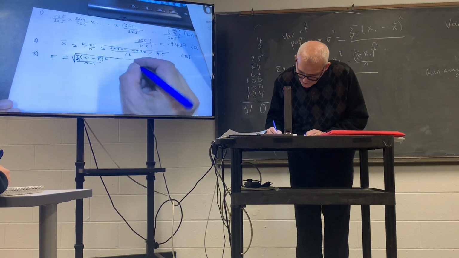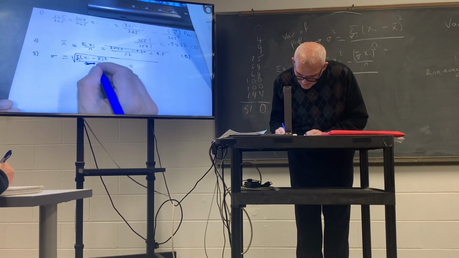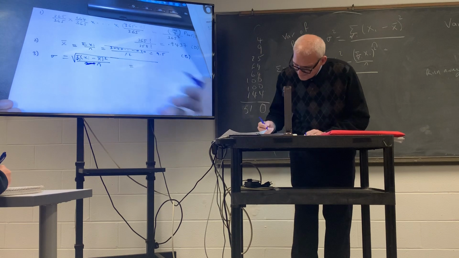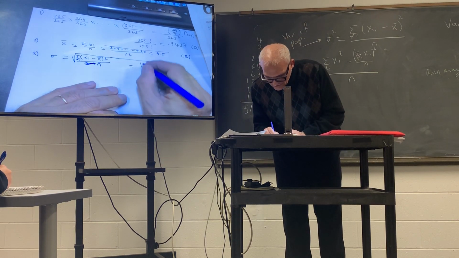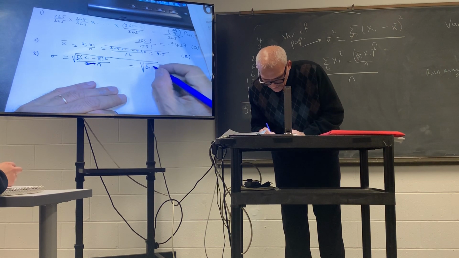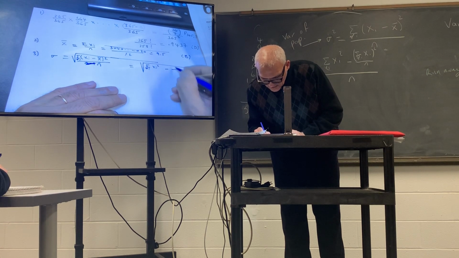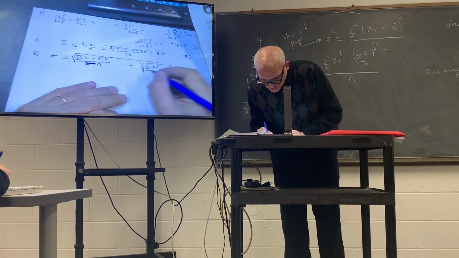That's sigma, not s. Or you can do it as the square root of the summation of x sub i squared minus the quantity summation of x sub i squared over n.